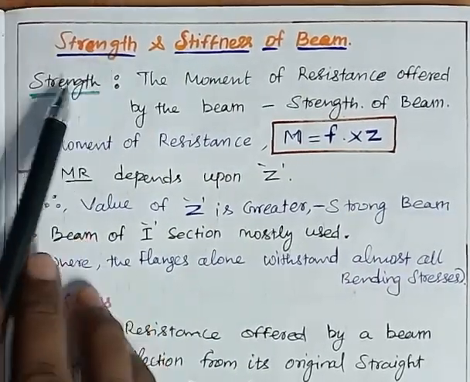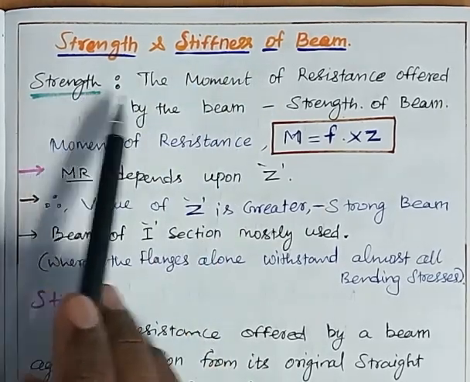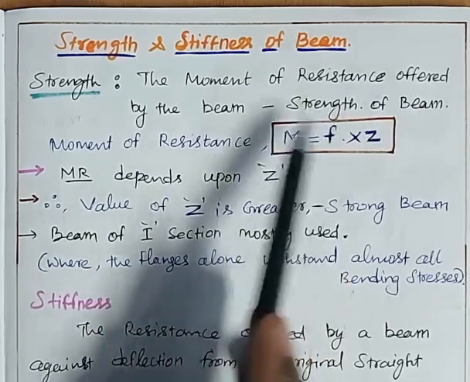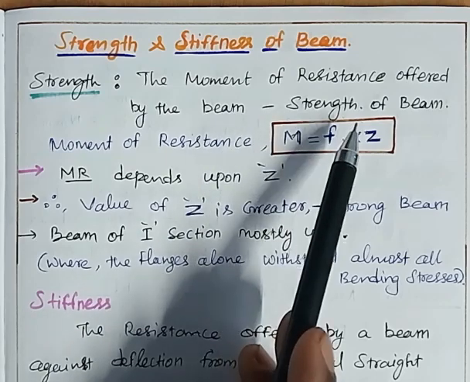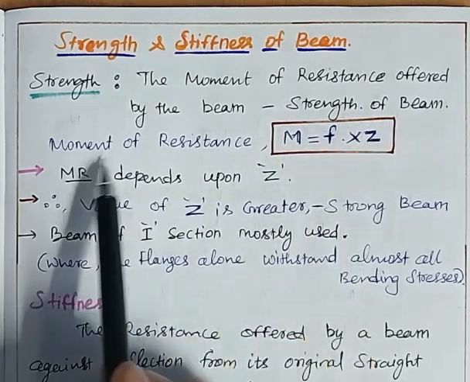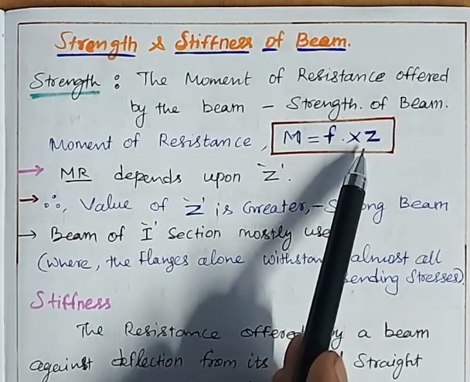Now compare the strength and stiffness of the beam. First of all, what is meant by strength? The moment of resistance offered by the beam when external forces are acting is called the strength of the beam.